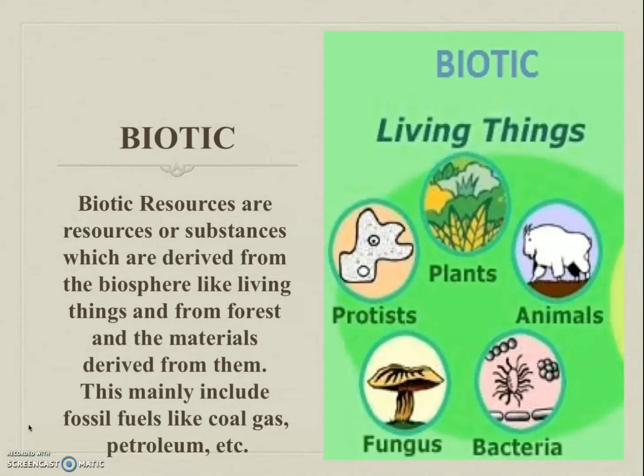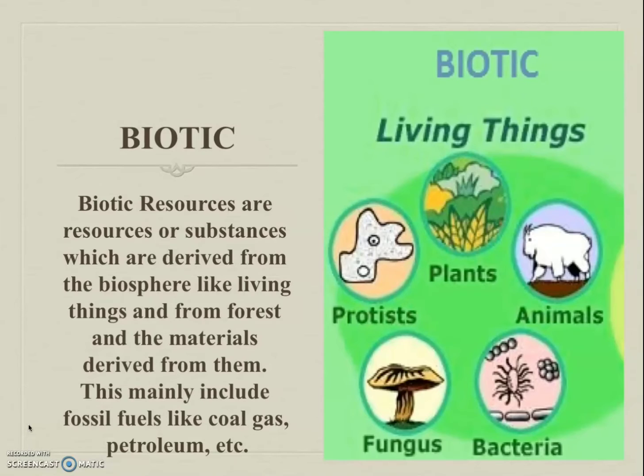Biotic resources are found in the biosphere and are obtained from living and organic materials. They include forests, crops, birds, animals, fishes, man, and material that can be obtained from them. The decayed organisms of these living things give the biotic resources.